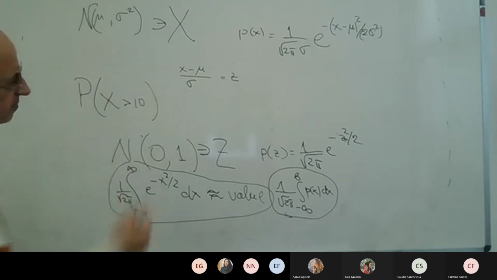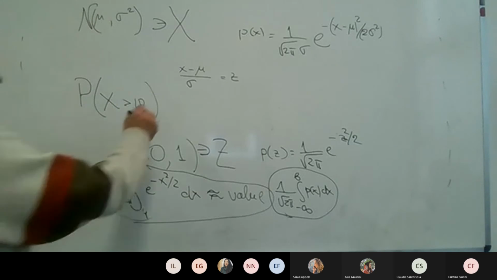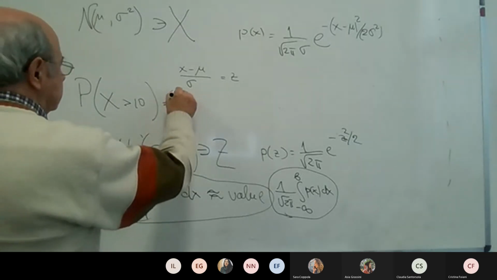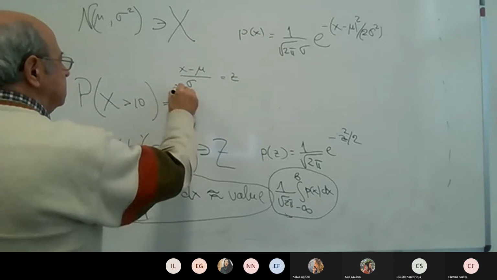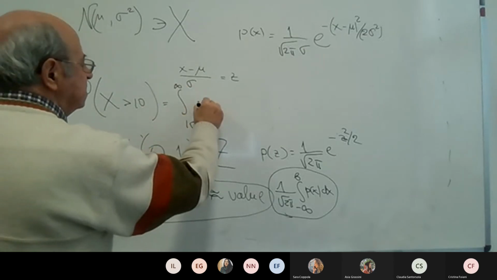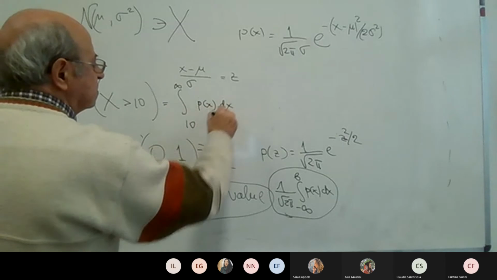I put 10 only as an example. We know that this is exactly the integral from 10 to infinity of p(x) dx.